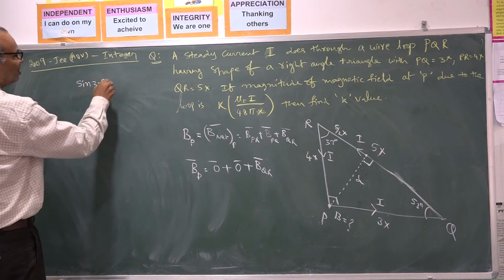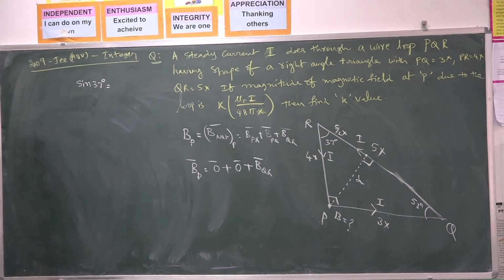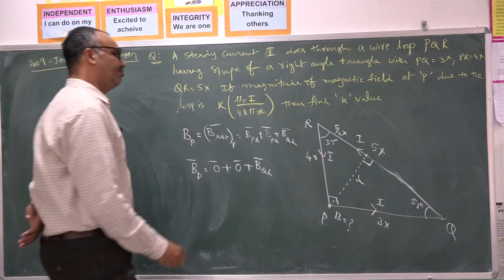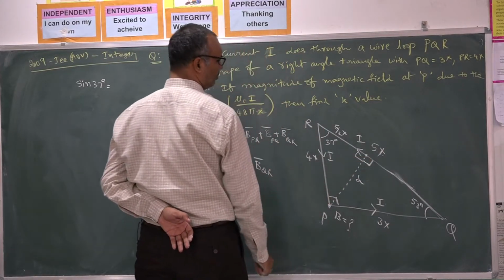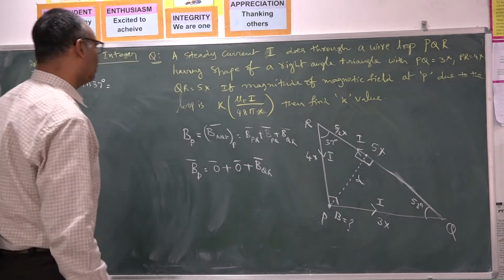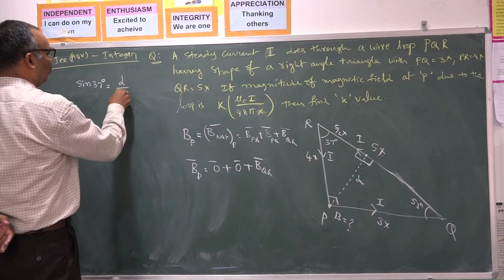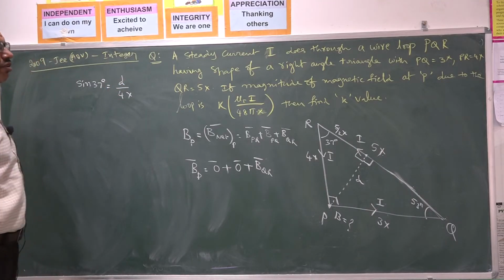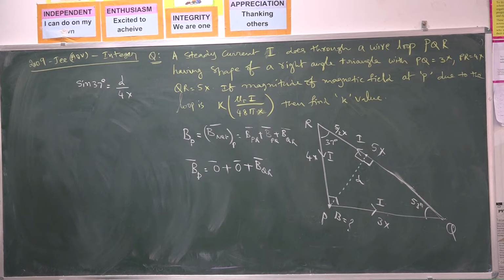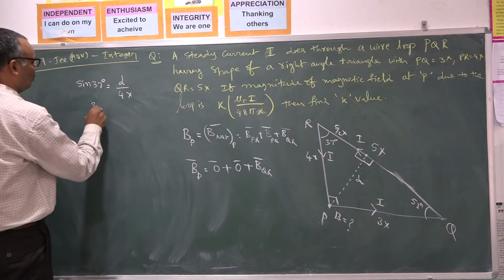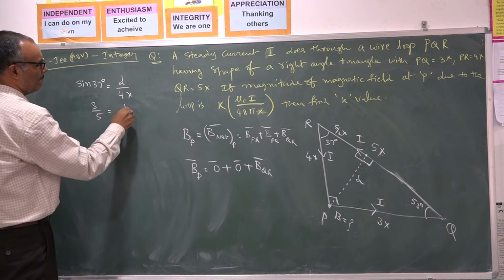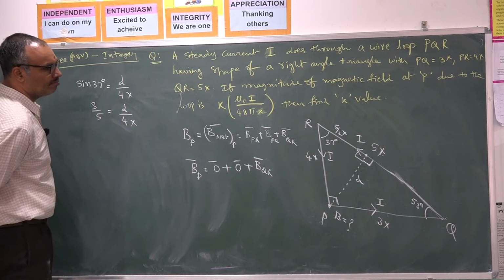Sine 37 degrees is equal to opposite side by hypotenuse. As it is right angle, it is the hypotenuse. Opposite side is d, so d by 4x. Already you know that sine 37 is 3 by 5. So 3 by 5 is equal to d by 4x.